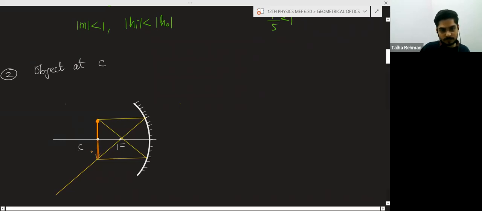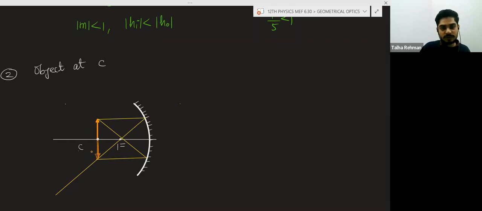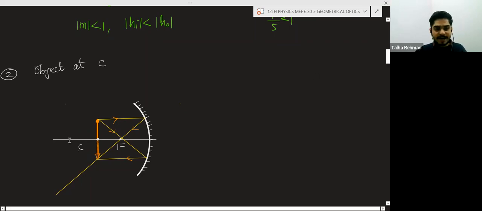So this is the incident ray, this is the reflected ray, this is the incident ray, and this is the reflected ray. And now where is the image formed? At center of curvature. The position of image is at center of curvature, and it is real and inverted. And the image is of the same size as the object. And what will be the magnification?